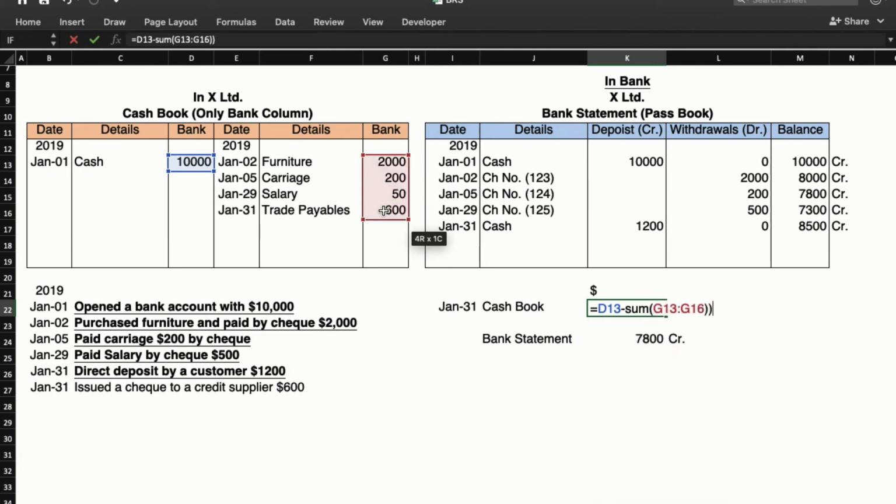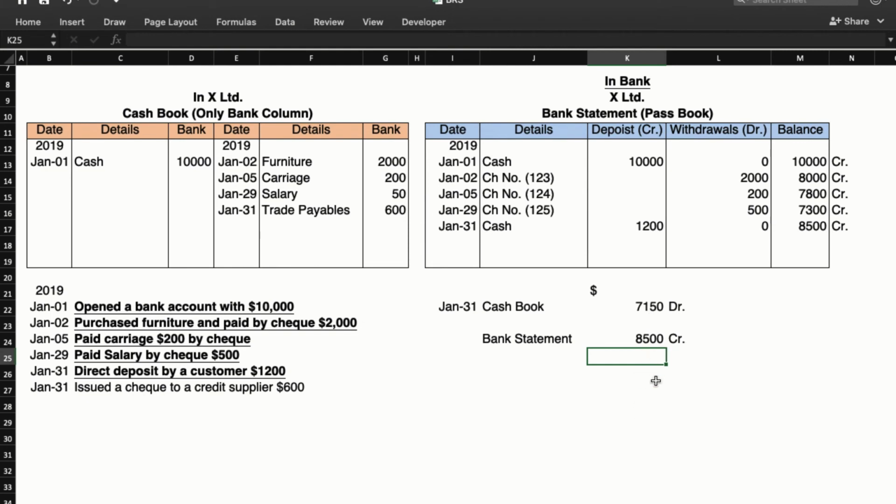We will subtract all these figures. So the balance in the cash book on Jan 31st is $7,150, and the balance in the bank statement on Jan 31st is $8,500 credit balance.